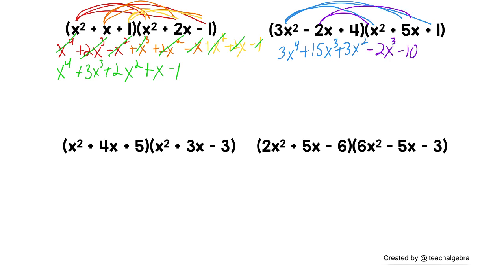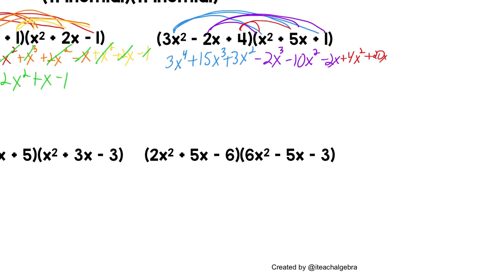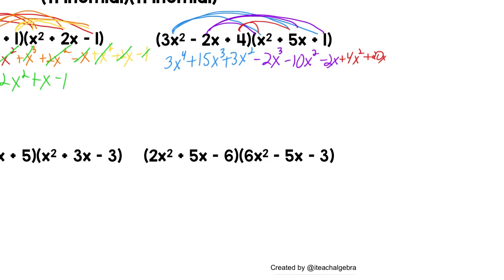And then negative 10x squared. And then negative 2x. Last but not least, plus 4x squared, plus 20x. Gotta scoot the paper over. Plus 4.